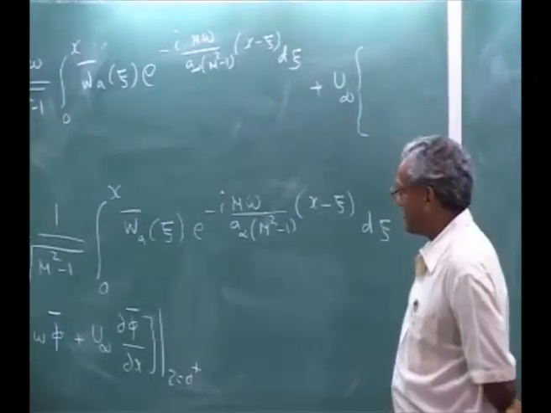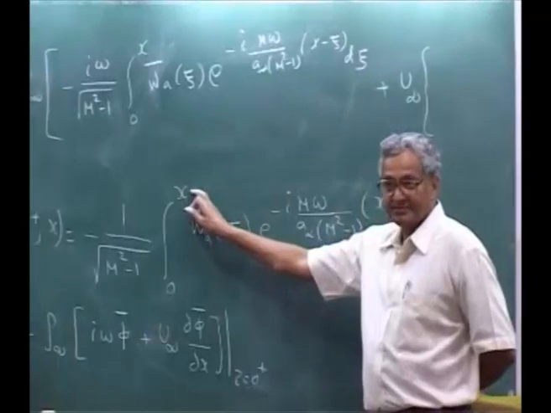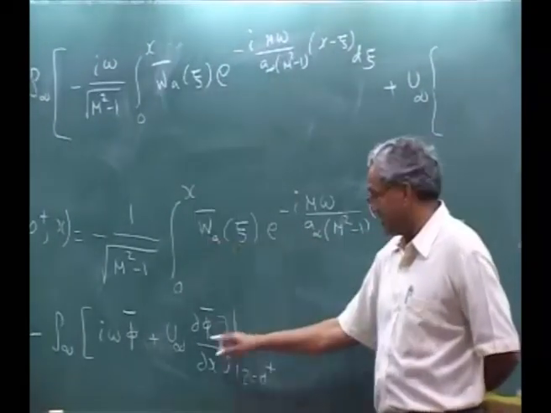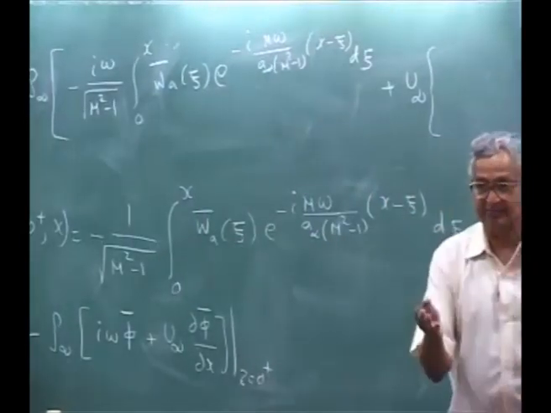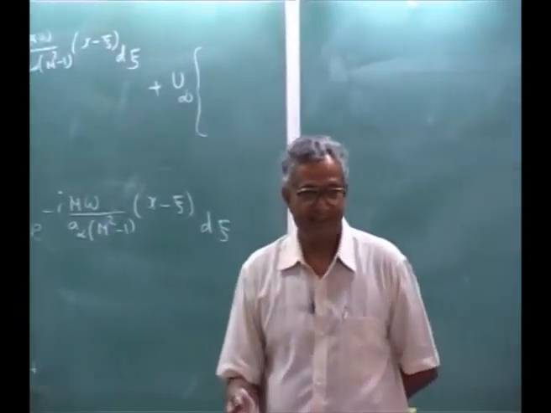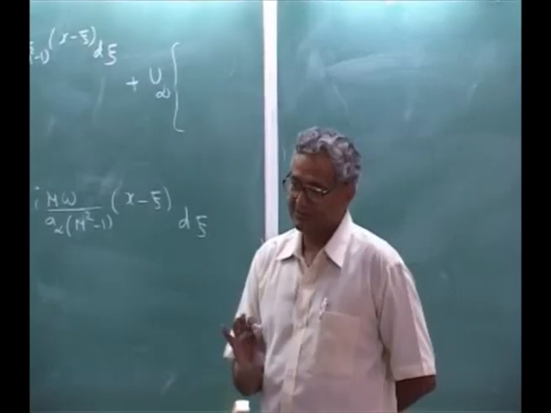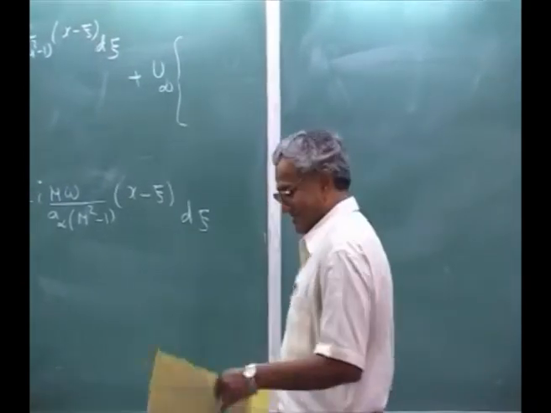Another one is 0 to x. That x is the upper limit, again that differentiation. So 0 to x, you will get the integrand itself. So you will have two terms, one with the integration, another one just the integrand.